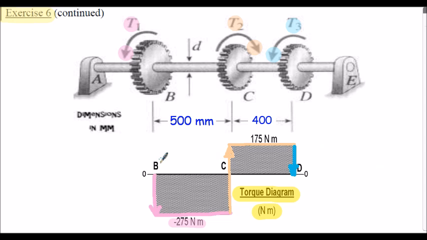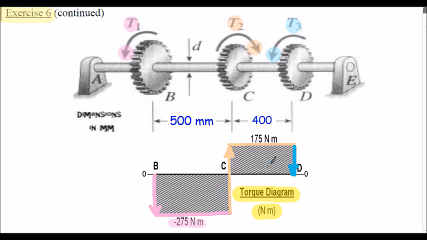So now we know between shaft section B to C, we have a negative torque applied, negative 275 Newton meters. So we can work out the torsional shear stress for section BC and also the angle of twist for section BC.